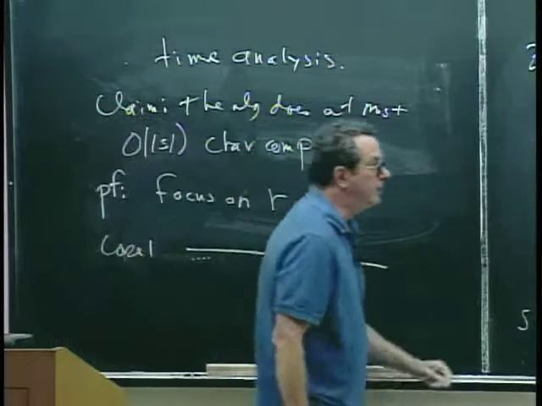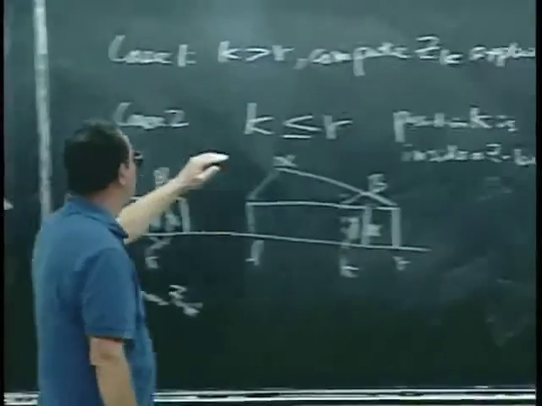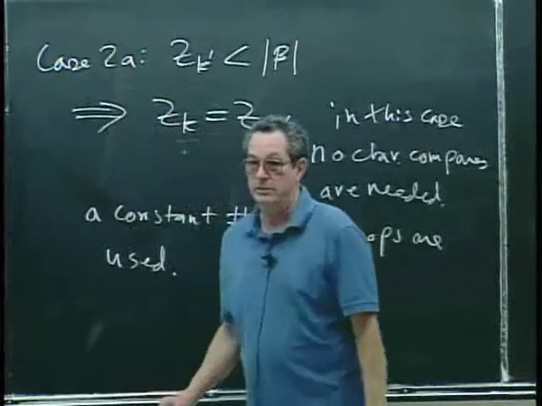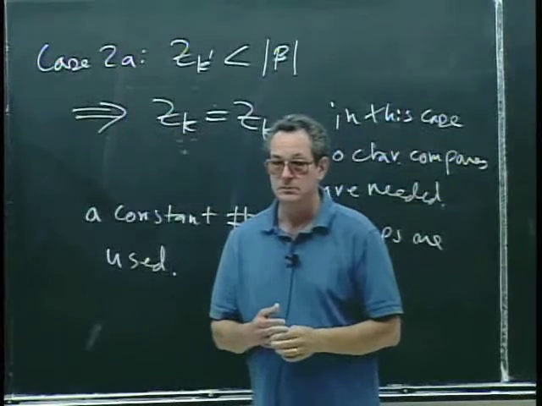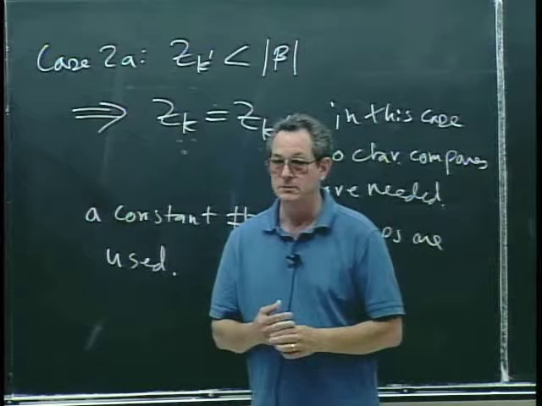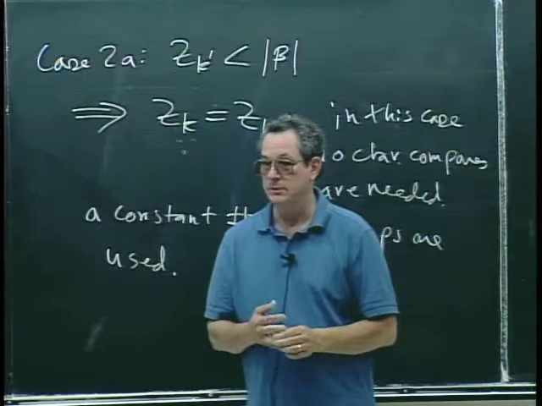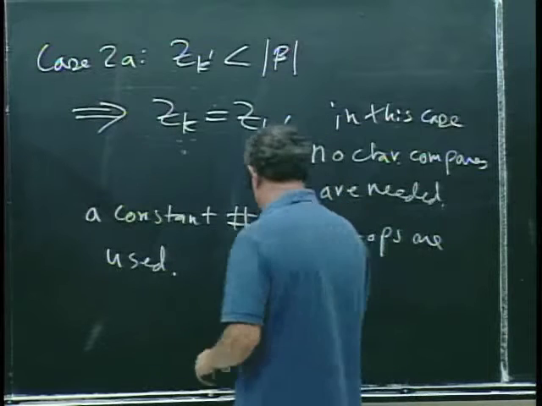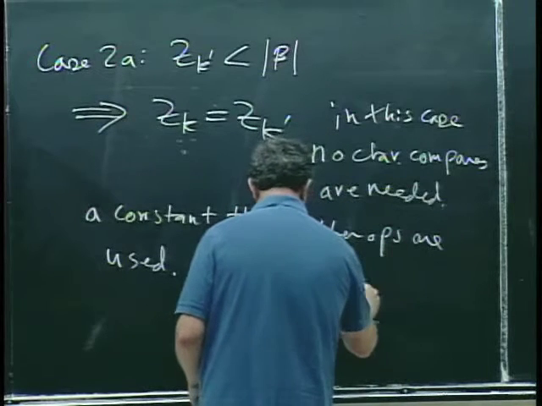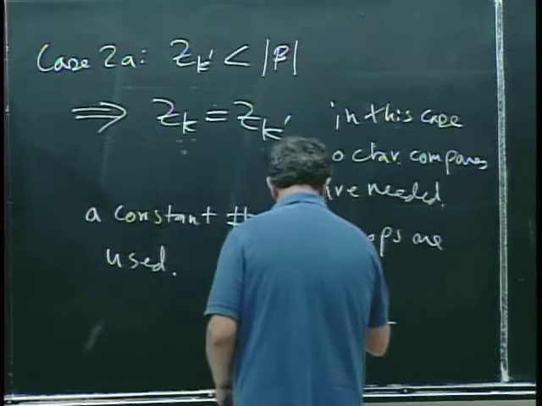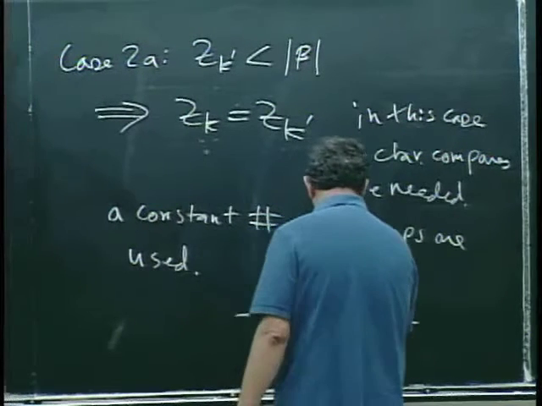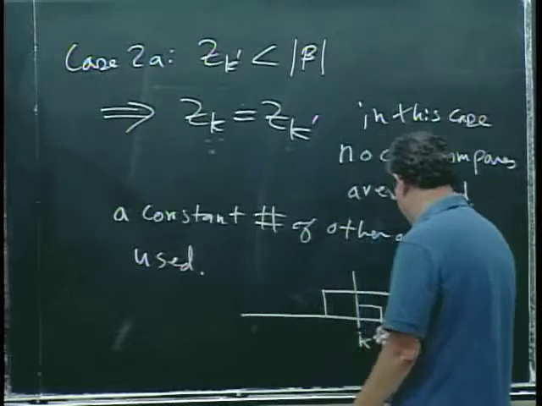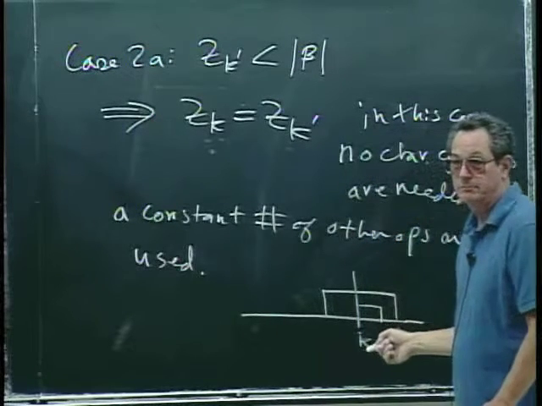Okay? What happens in the case of case 2A? What happens to R in case 2A? Nothing. It stays the same, right? Because, just to redraw that, here was R, here was K. We found that ZK ended up inside this box, so R remains the same.